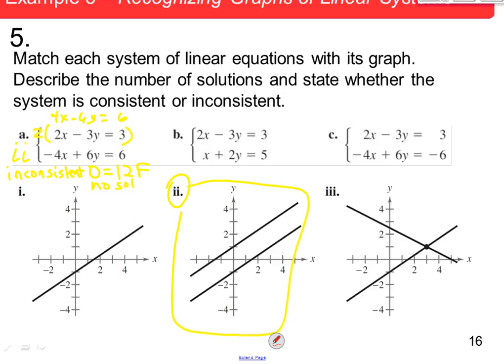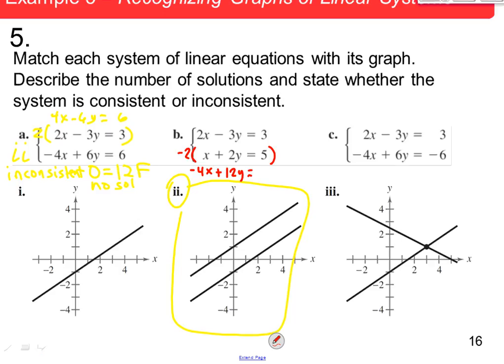For this one, if I look at this and I want to make a variable drop out, I think I'm going to multiply the second one by -2. Or excuse me, I am not doing that correctly.